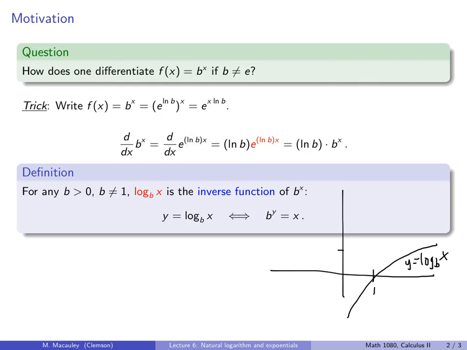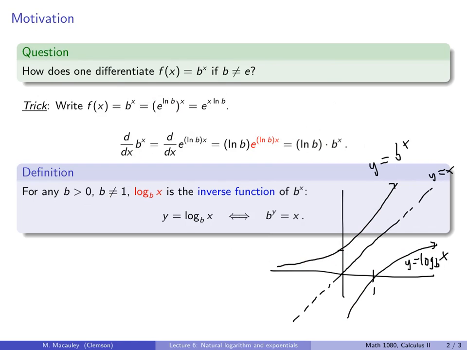So if this is the line y equals x, then the function y equals b to the x is just the reflection. This function is the reflection across the line y equals x. So these two are inverse functions.